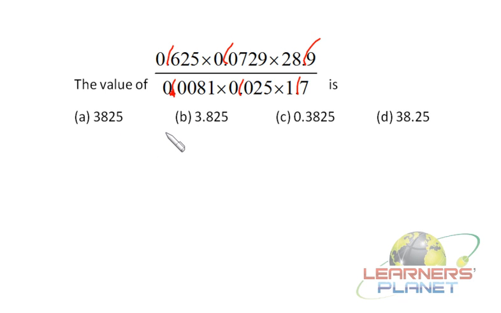We just have to see the arrangement of the decimals. Now we see it's 81 into 9, 17 square, and it is 25. Now 25 into 9 into 17 cannot be this, this and this. It must be this only. You need not multiply. Okay friends, you must be knowing that 289 is 17 square.